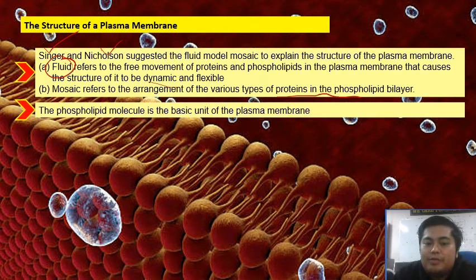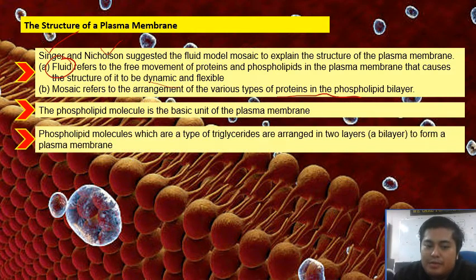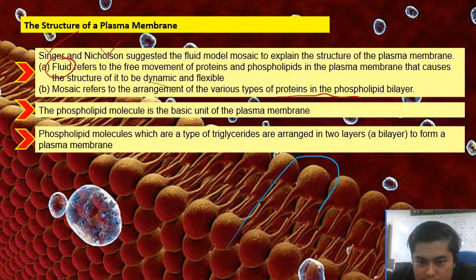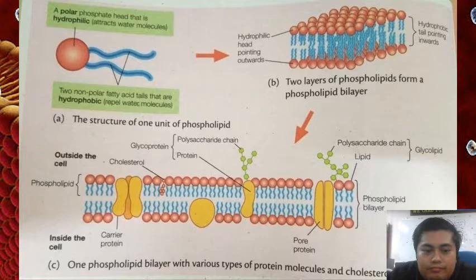So the phospholipid molecule is the basic unit of plasma membrane. So phospholipid molecules, which are a type of triglyceride, are arranged in two layers, which is bilayer, to form a plasma membrane. So macam korang boleh nampak kat sini lah, dia ada dua lapisan. So it all begins with a structure of a unit of phospholipid.